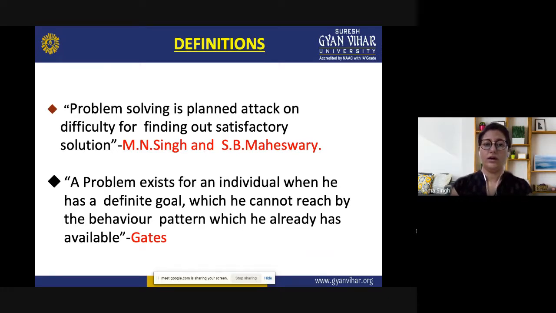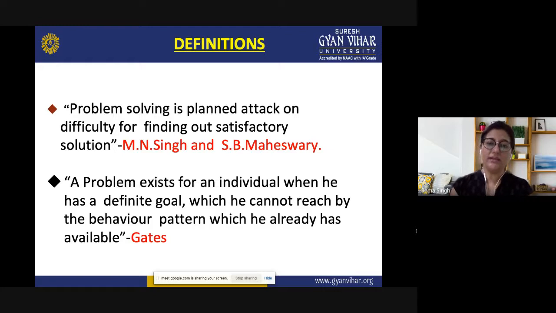So if we have to follow the problem solving method, then it should be planned properly, and there should be a satisfactory solution to the problem. The next definition is given by Gates, and he says a problem exists for an individual when he has a definite goal, which he cannot reach by the behavior pattern which he already has available.